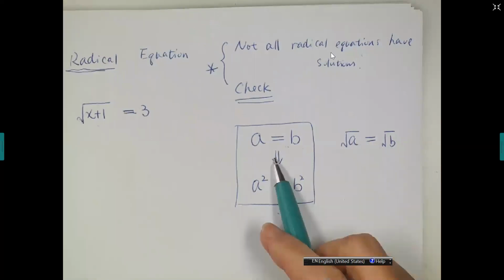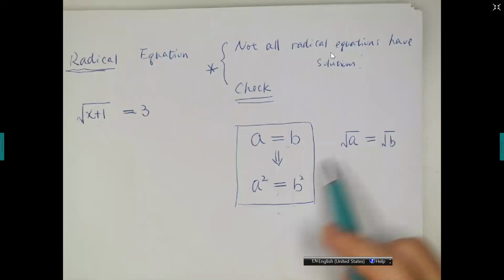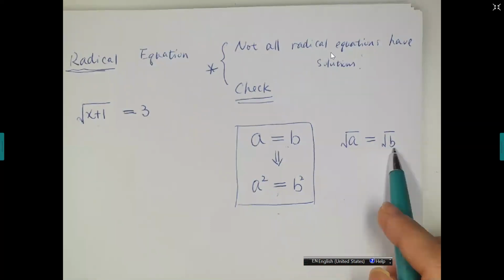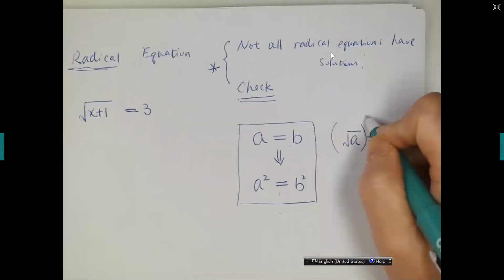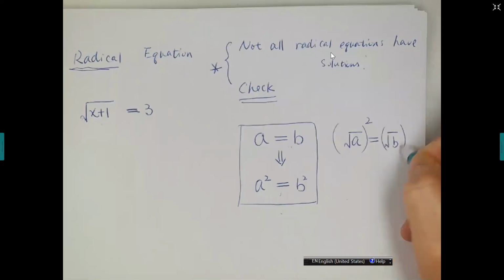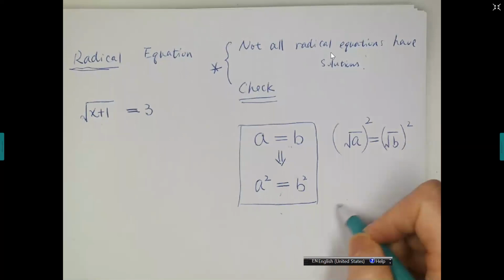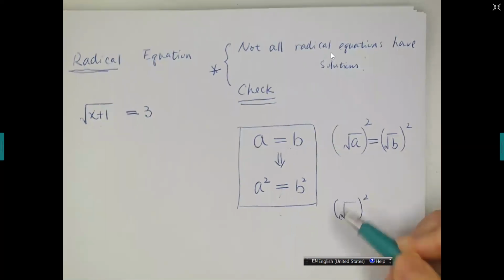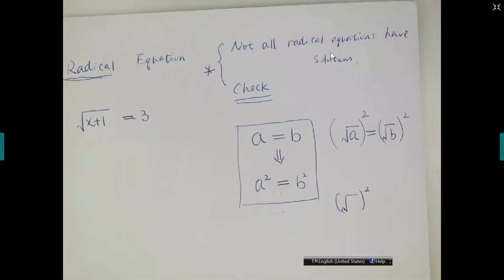Apply the squaring property onto this equation. When we have something equals another expression, we can square both sides. We just square the left side and then square the right side. They're still equivalent. When we square a radical symbol, what happens? The squaring and the radical sign cancel each other because they're opposite.